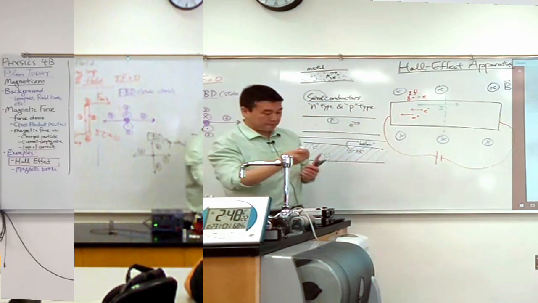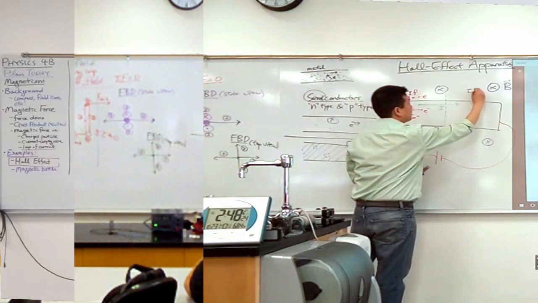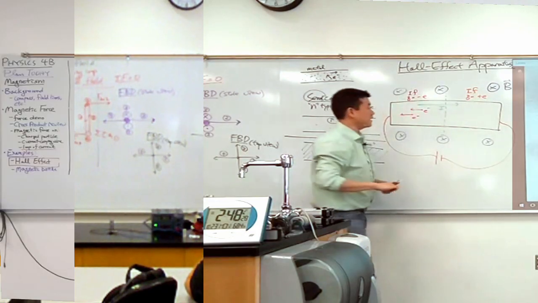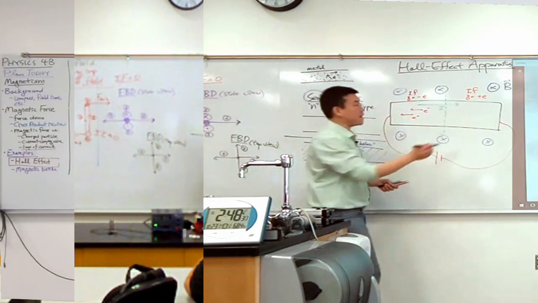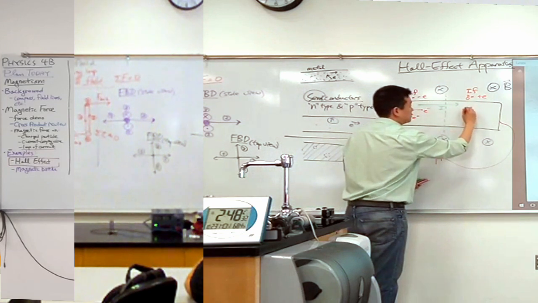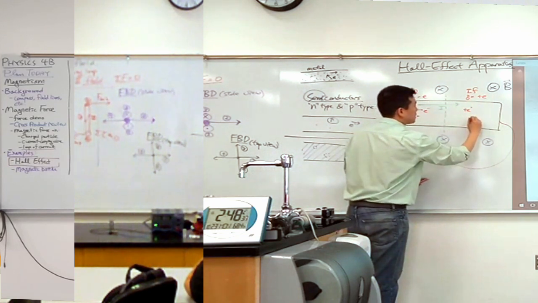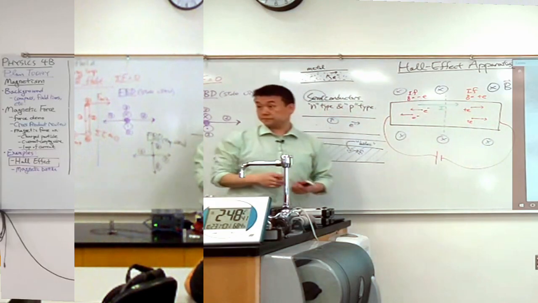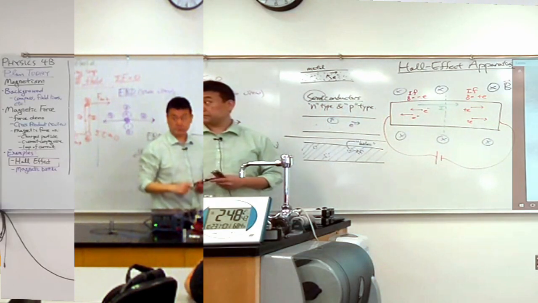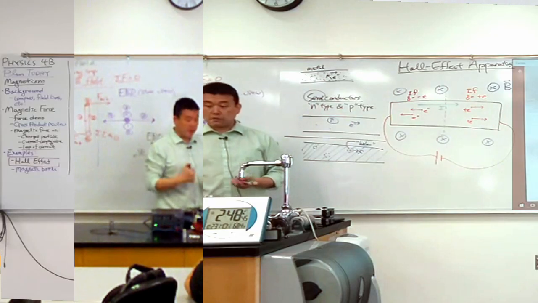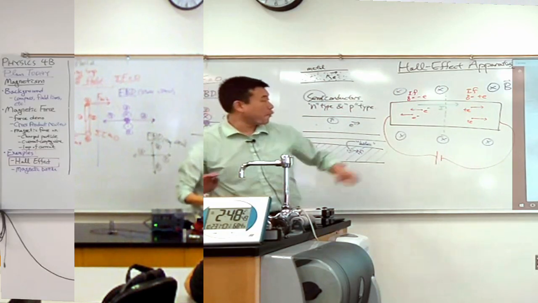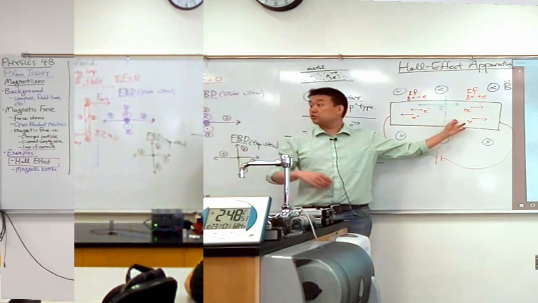And the flip side of that picture is if my charge carrier is positive, then I must have some positive charges here. I guess I'll just say plus E. Positive charges here, that's going in the same direction as the current.